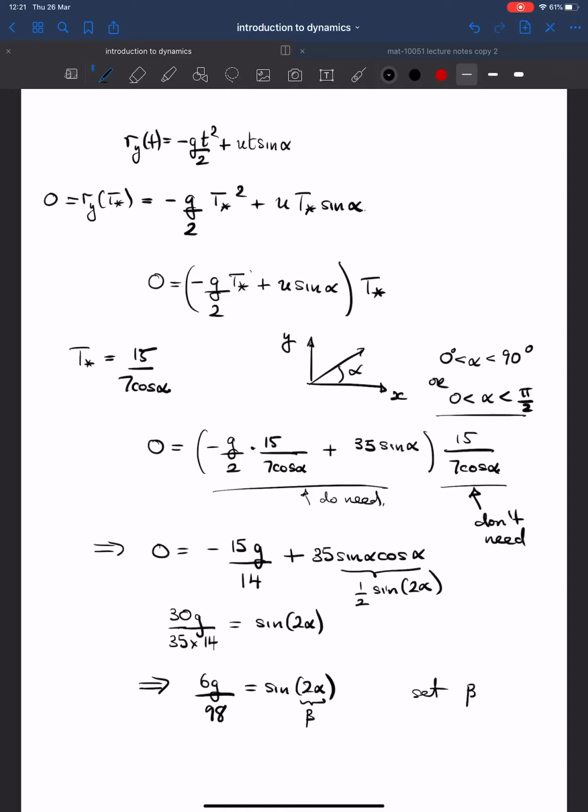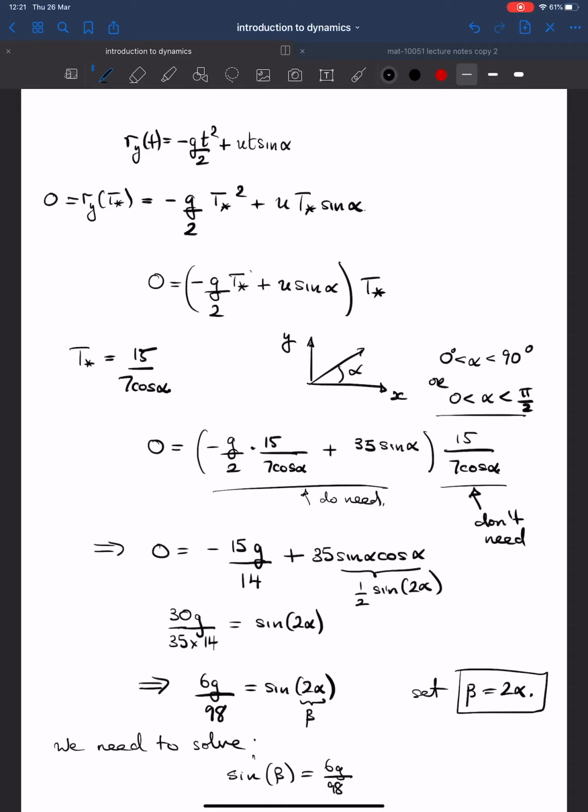So we set beta equals 2 alpha first, and we're going to come back to this later. So we need to solve this equation: sine of beta equals 6g over 98.